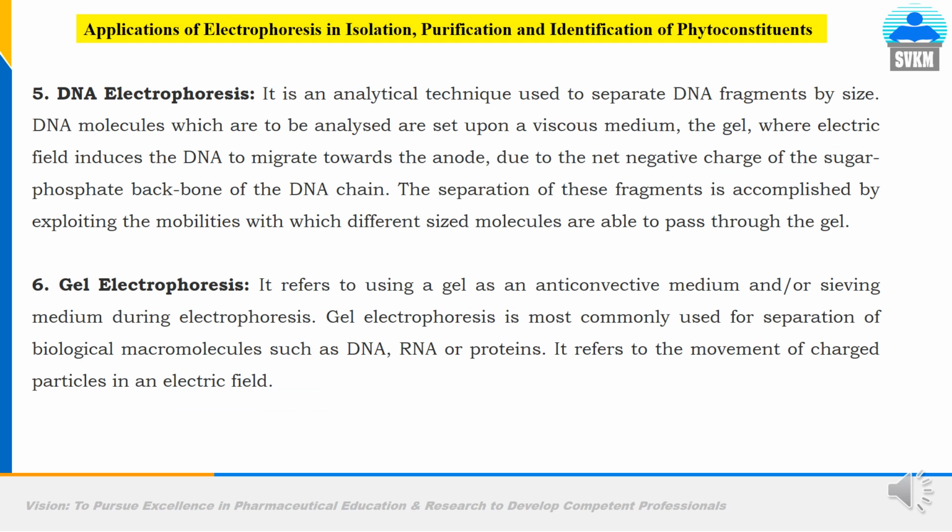Fifth one is gel electrophoresis of DNA. As the name indicates, it is mainly used for separation of DNA fragments, again based on their size. The DNA molecules which are to be analyzed are set upon a viscous medium, a gel, where the electric field induces the DNA to migrate towards the anode due to the net negative charge of the sugar phosphate backbone of the DNA chain.